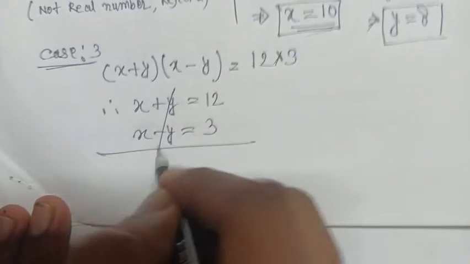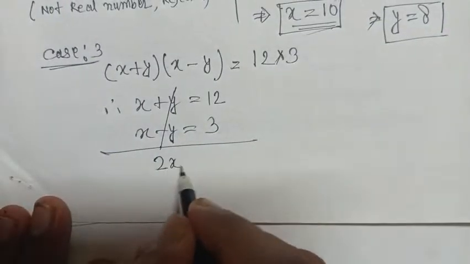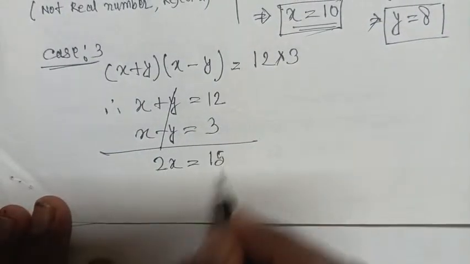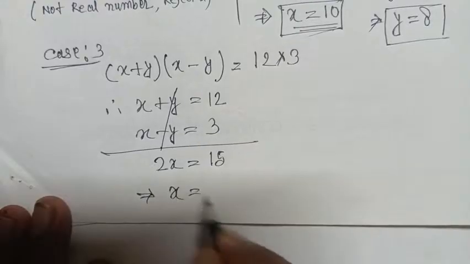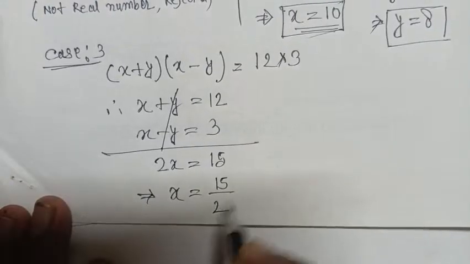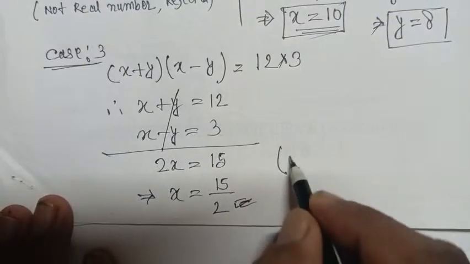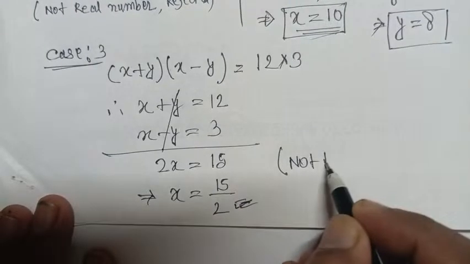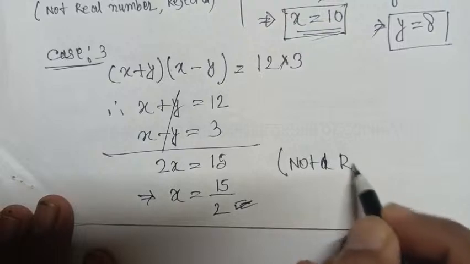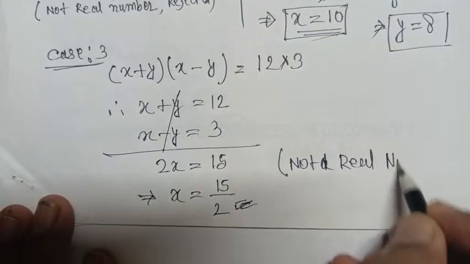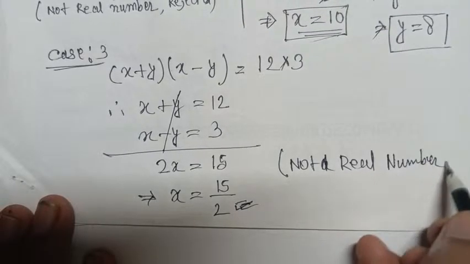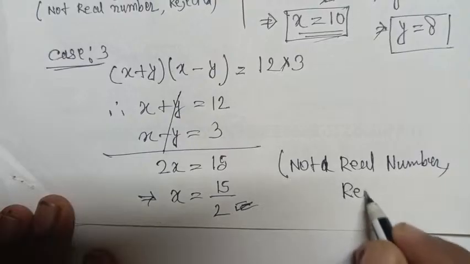If we add these, y will cancel out. We get 2x is equal to 15. Therefore x is equal to 15 by 2. Now this is a fractional number. This is not a real number. So it will also be rejected.